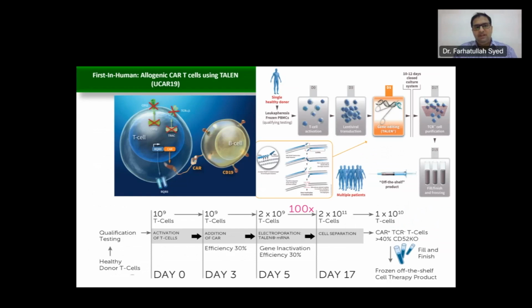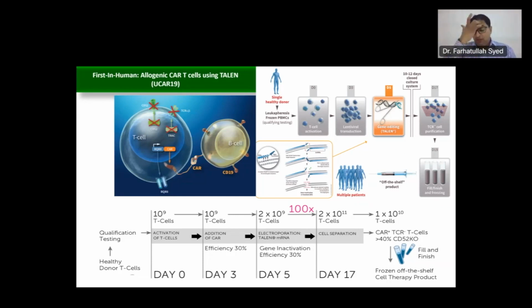In the first in human trial, we used TALENs to make allogeneic CAR T cells at UCL. We utilized this technology, but it was very laborious, because this method we used on the conventional CAR T production, like Kymriah and Yescarta, because those products are made on a bioreactor called the Xuri bioreactor, not on the Prodigy.